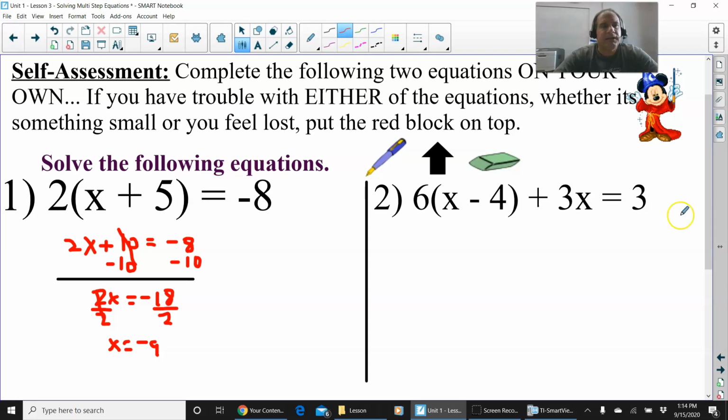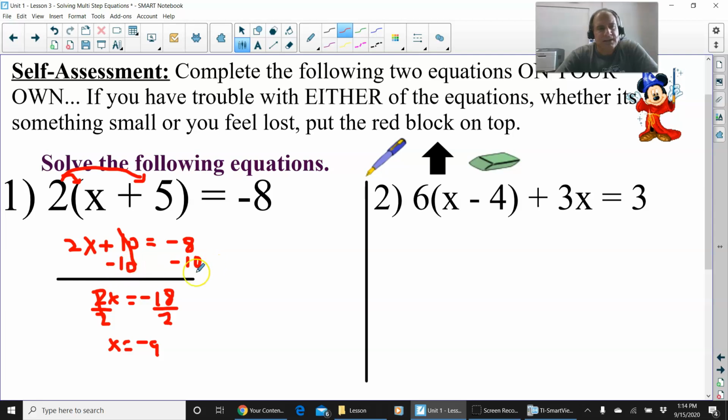Let me just explain. The first thing I did was 2 times x, and 2 times x is 2x, so I put it down there. The second thing I did was 2 times 5, and then that's 10, equals -8. I just brought that down. Minus 10 on both sides. You subtract 10 on both sides, and then you cancel out, because again, this is inverse operations.